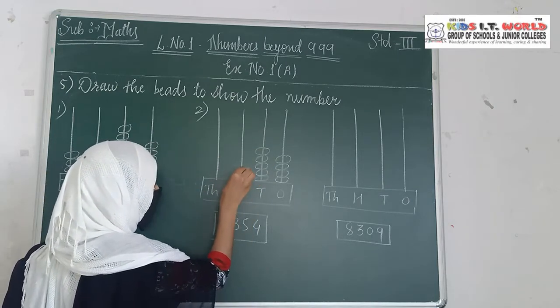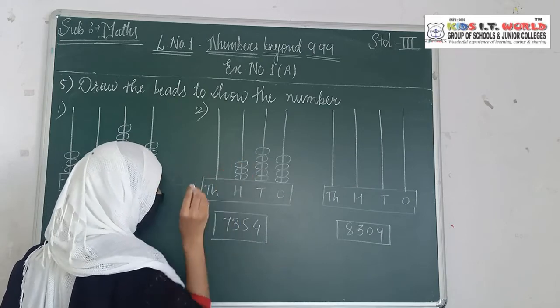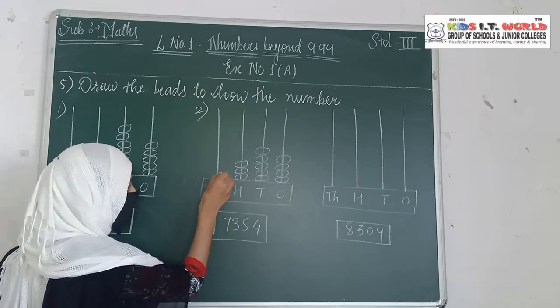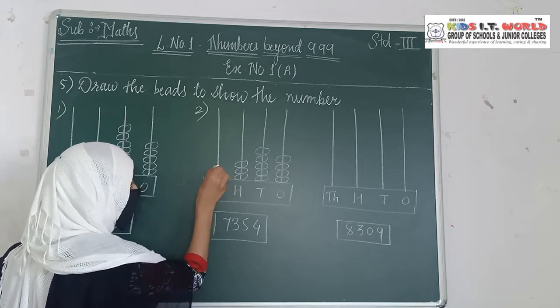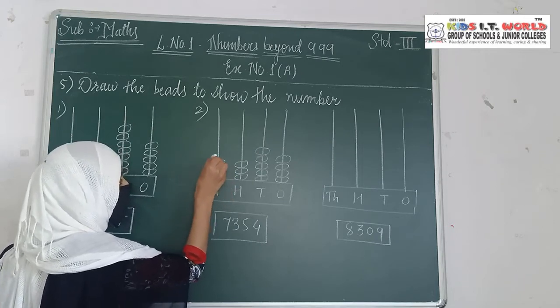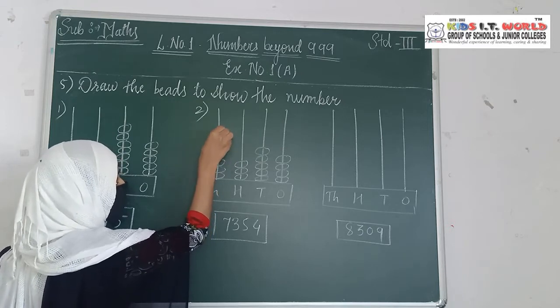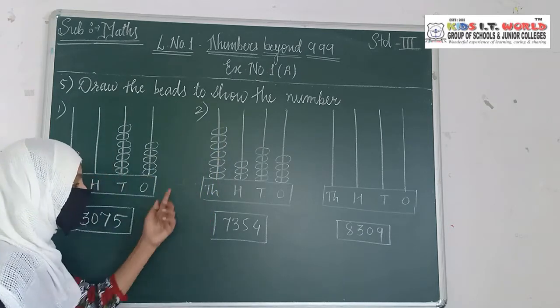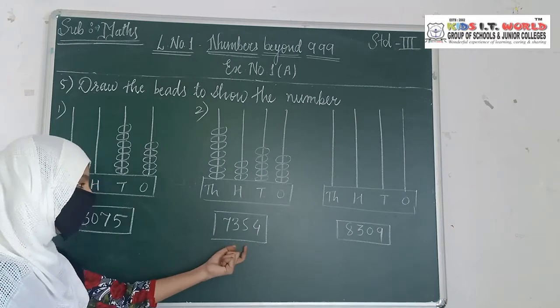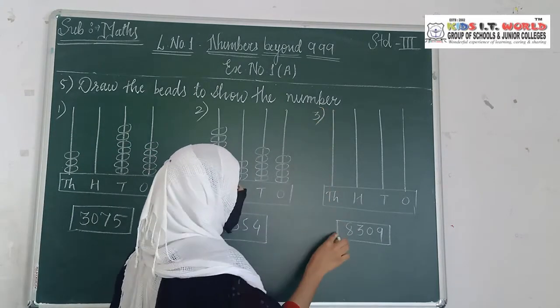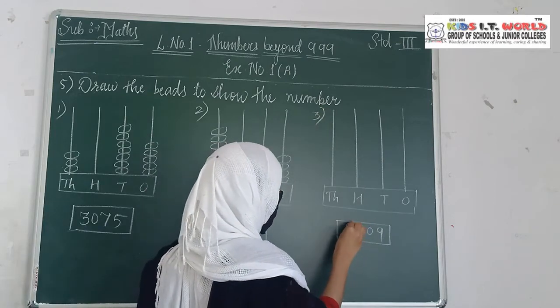So 1, 2, 3. On the thousands it is 7. So we will draw 7 beads here. 1, 2, 3, 4, 5, 6, 7. Here we finish with 7354.